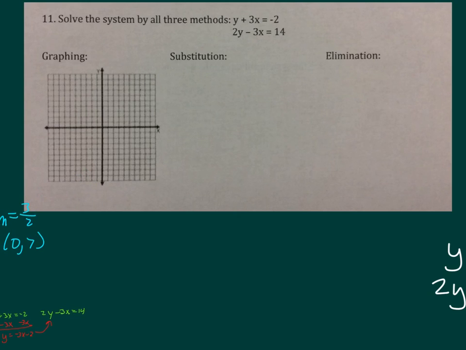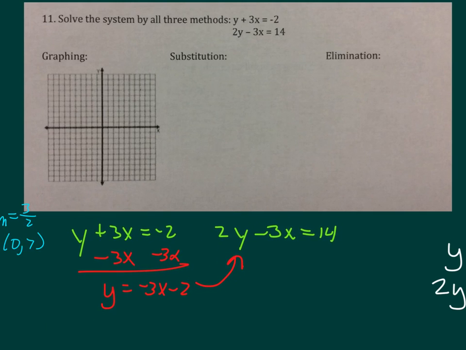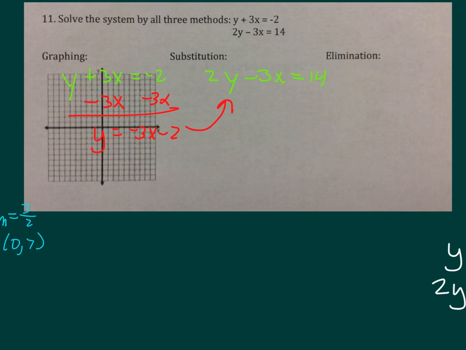I should get the same thing for substitution. Well, if you notice, here's my substitution. So in substitution, I'm going to take this and plug it in for y. So I get 2 times -3x minus 2 minus 3x equals 14.